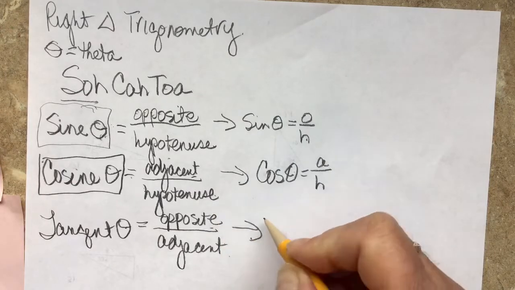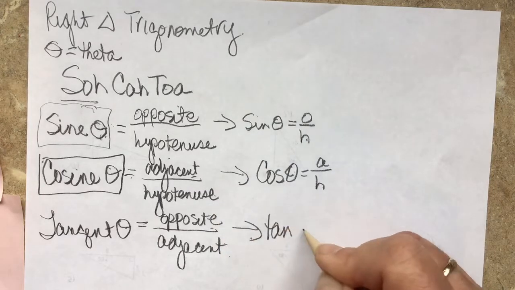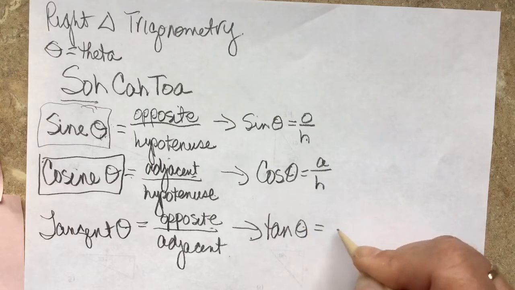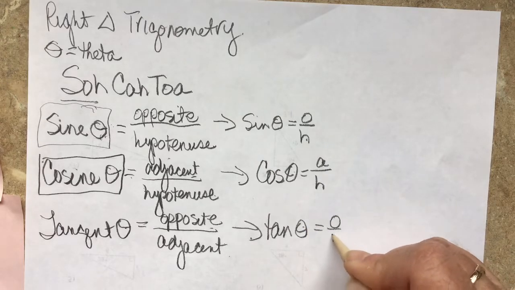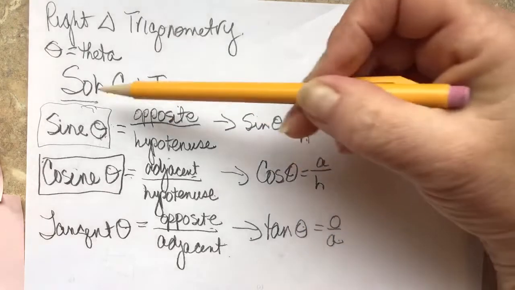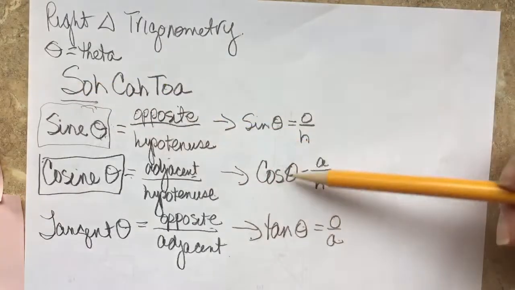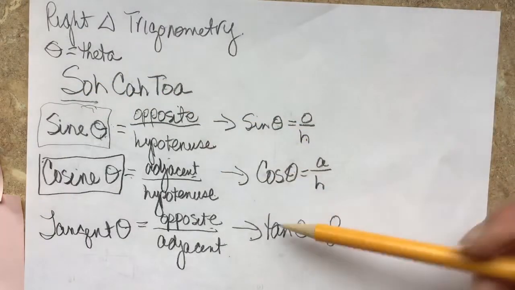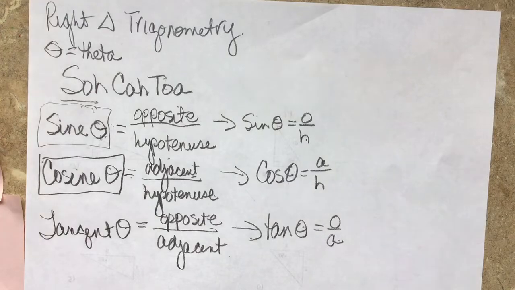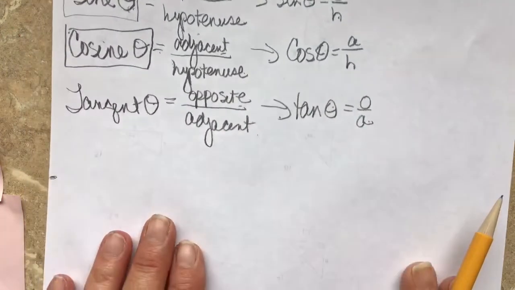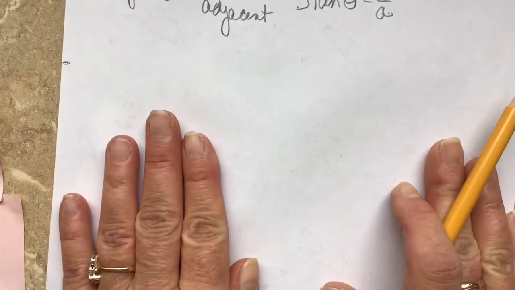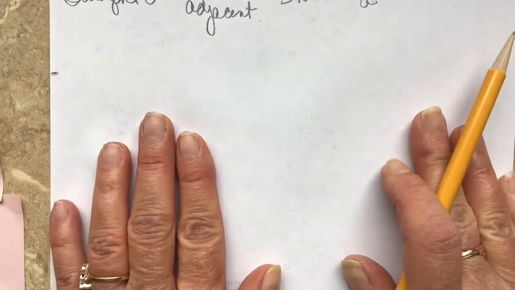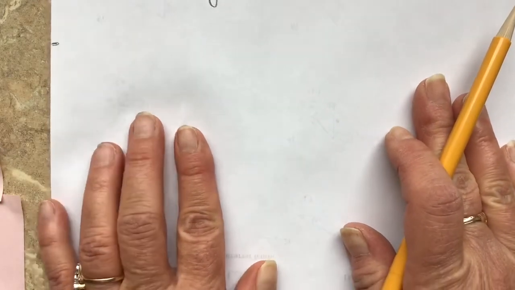And the way we would write that is the tangent of theta equals opposite over adjacent. All right, so there's my SOHCAHTOA. Okay, all right, let me slide this up. And that should be good. I just can go up a little bit higher.